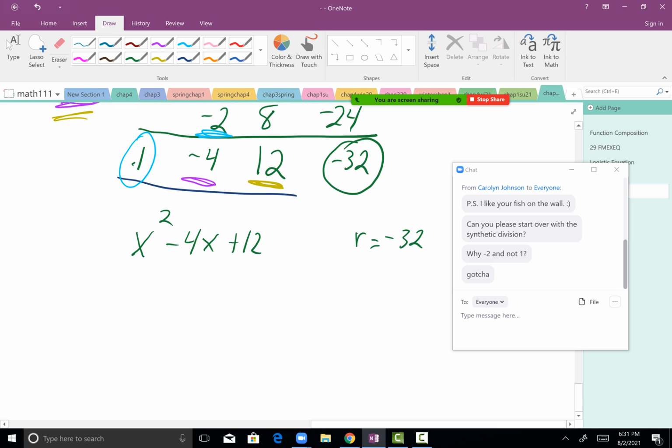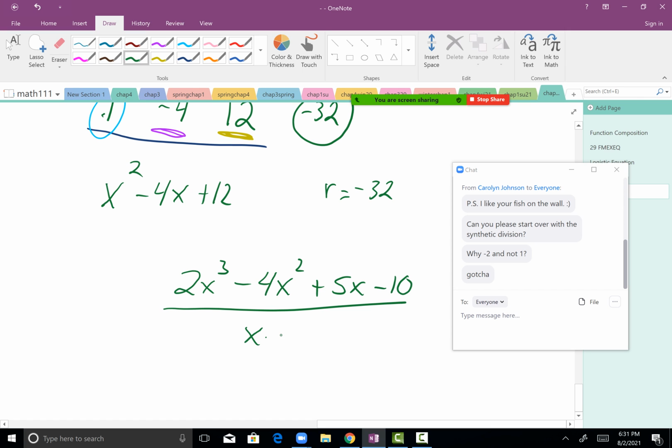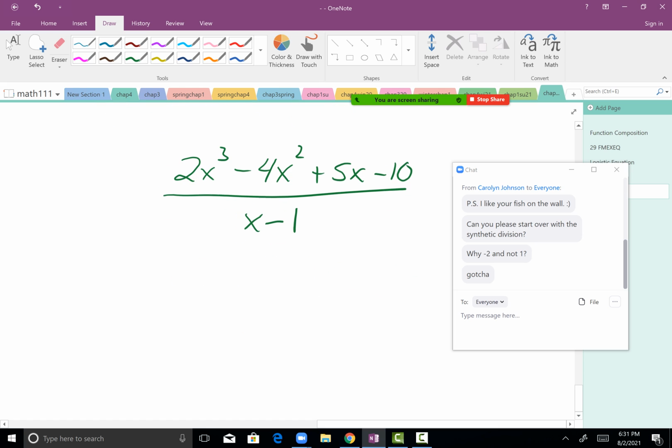Okay. So let's do one more, and then we'll take a break for sure. So let's do something different. So let's do a 2x cubed here, minus 4x squared, plus 5x, minus 10, and we'll divide it by x minus 1 this time.